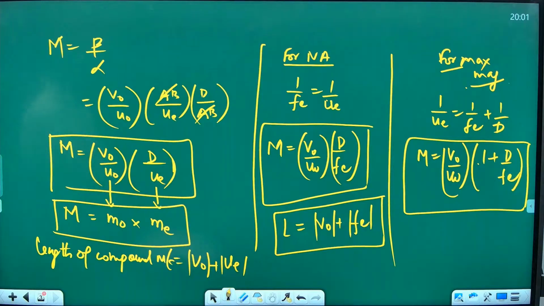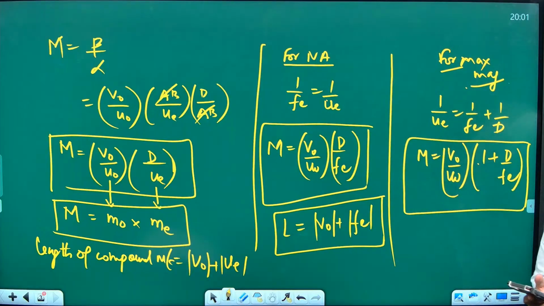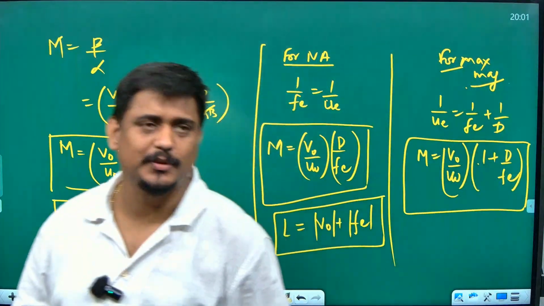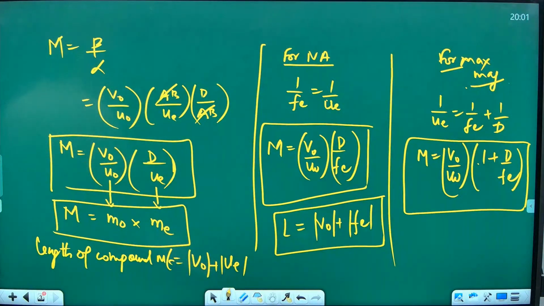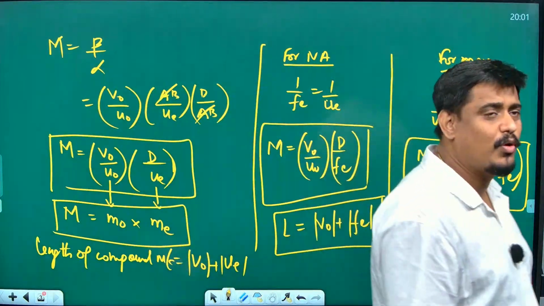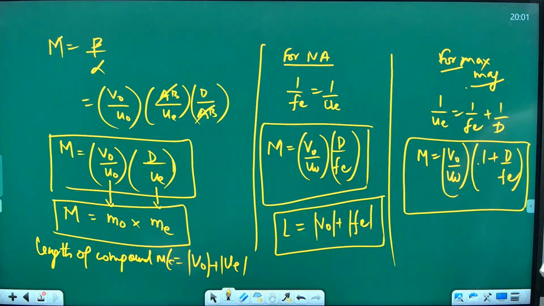Even if you have not copied, take the question. I'm not going to erase anything now. Take the question, please. Question is, in a compound microscope, everybody please take the question. Focal length of objective is 1.2 centimeter. Mr. Sarukesh, I hope you are writing. Feels like you are dreaming something.